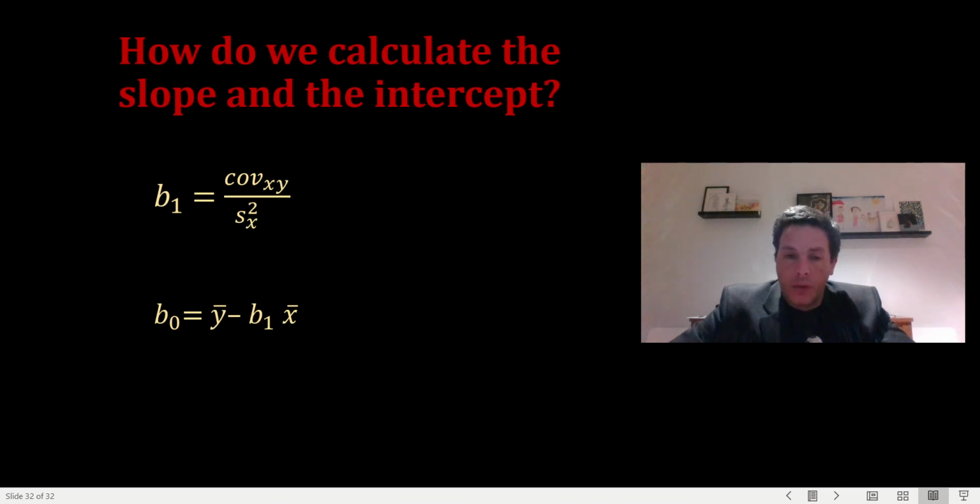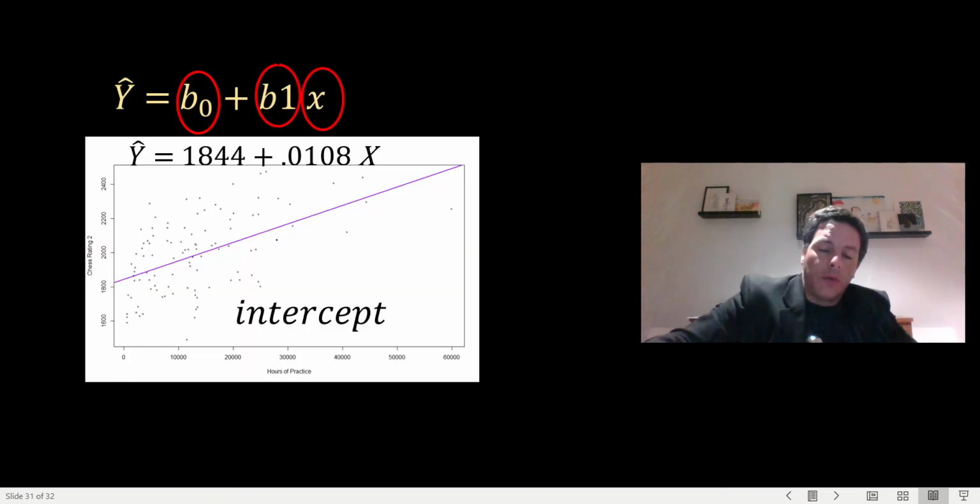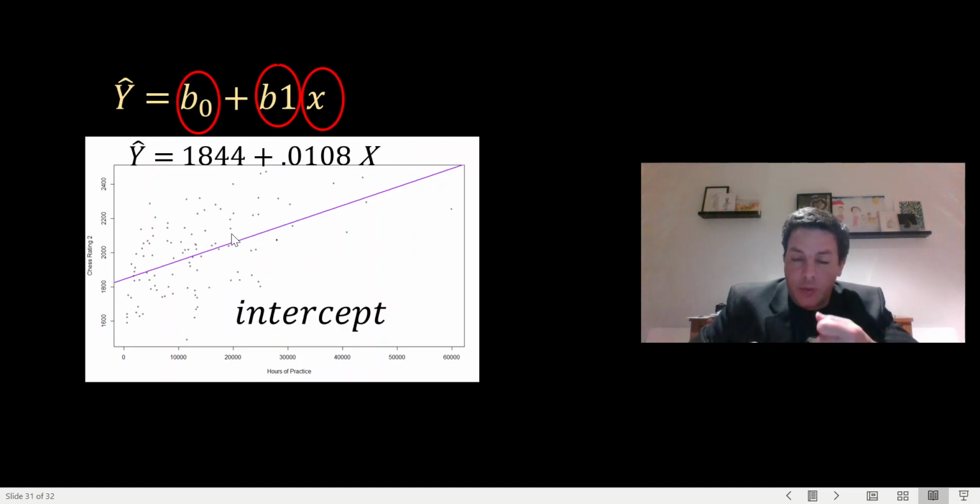So if I return to the previous slide, we calculate the variance of x, which is how dispersed the values of x are from the mean of x, and then I use the covariance, which is something about the relationship between these two variables, and we divide that by the variance of x, and that gives us the slope.